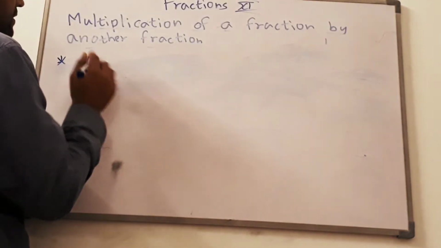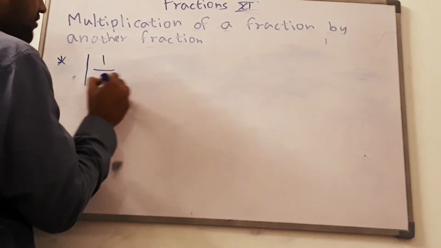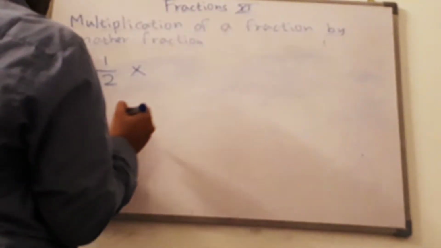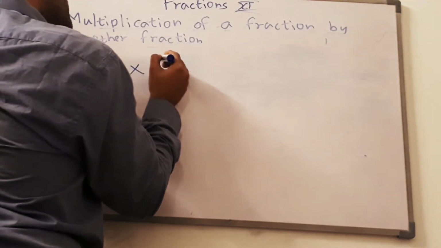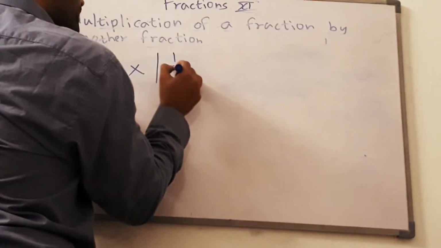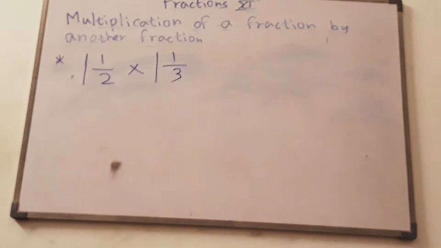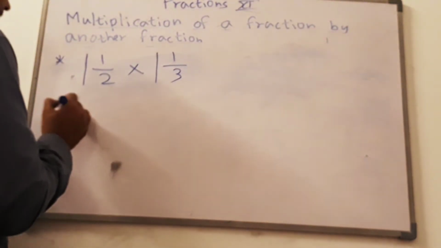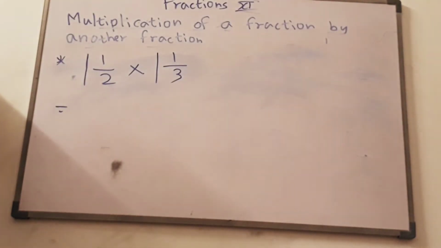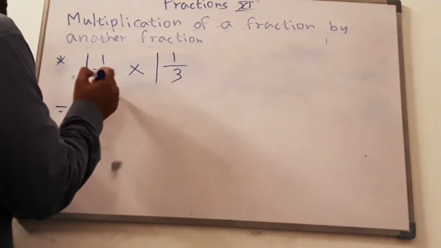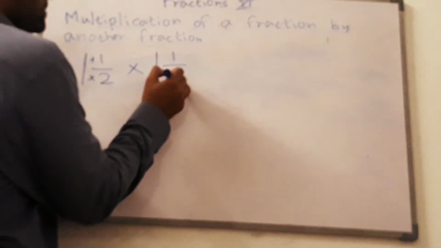One and a half times 1/3. Okay. Here what we have to do is first we have to convert these mixed numbers into improper fractions. When there is a mixed number given, first we have to convert these into improper fractions.